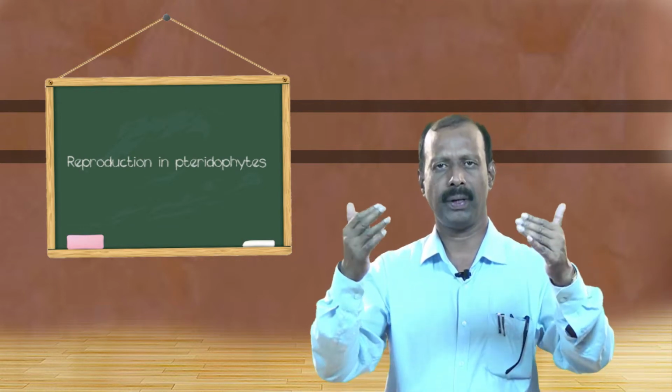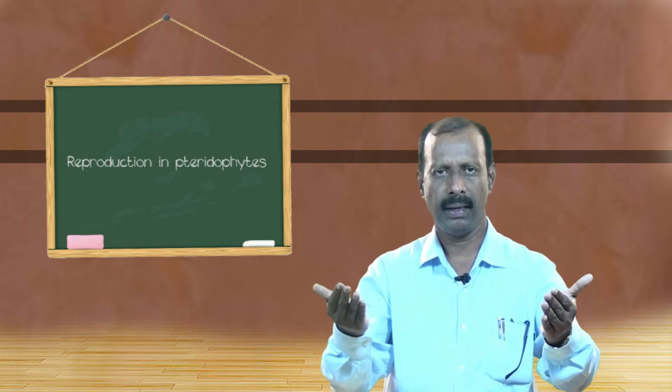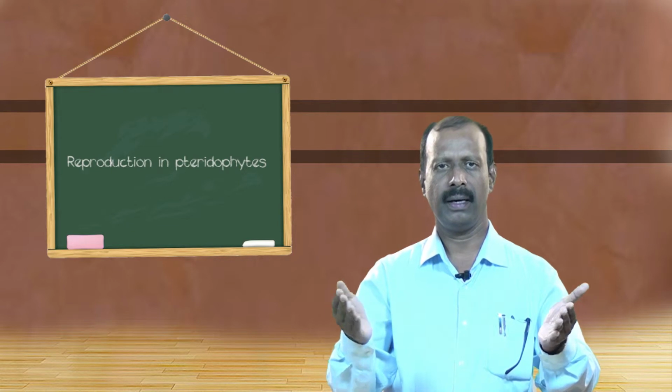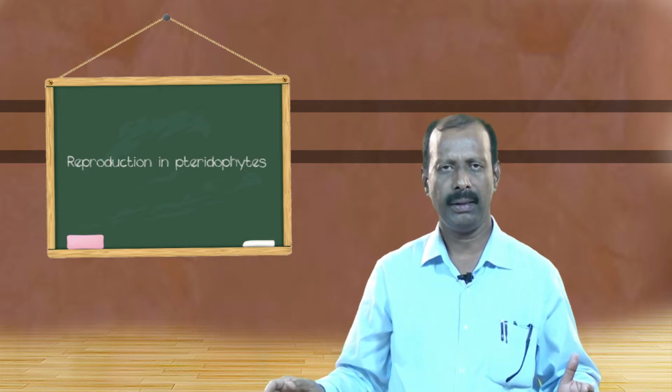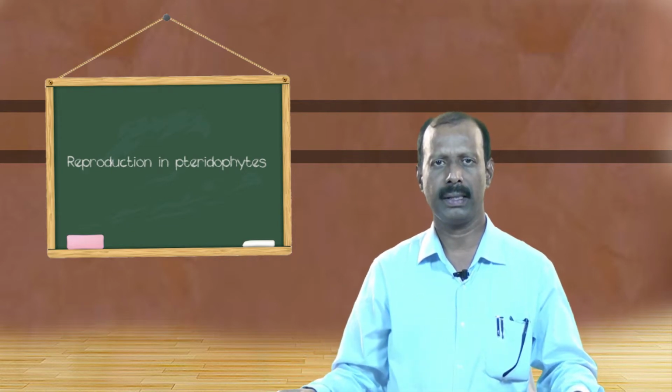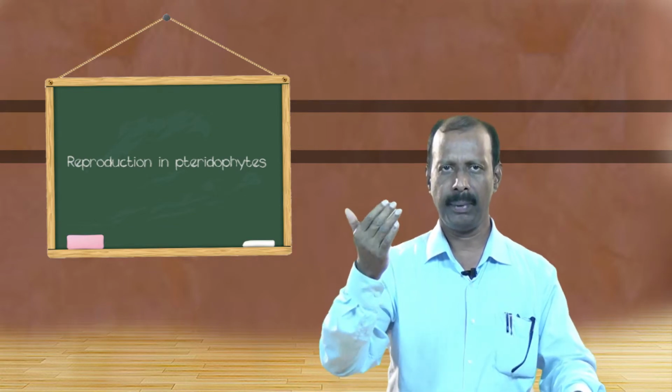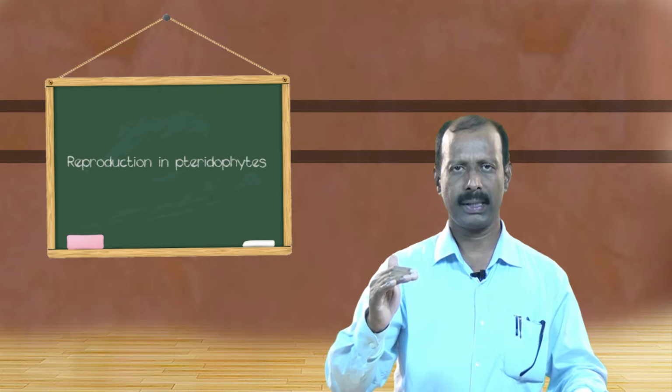The spores fall on the ground and start germination. They undergo division. The first division results in the formation of two cells, an epibasal cell and a hypobasal cell.